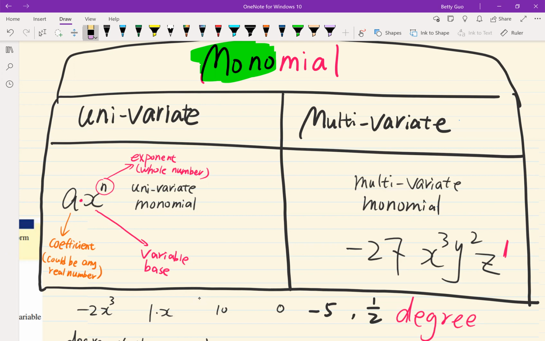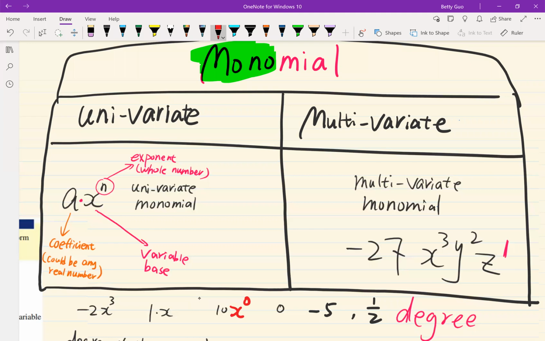Look at the 10. Determine if the number 10 is a monomial. It has to contain all three parts. This would be challenging, so I'm going to write here for you. Could we write 10 as 10 times x to the power 0?